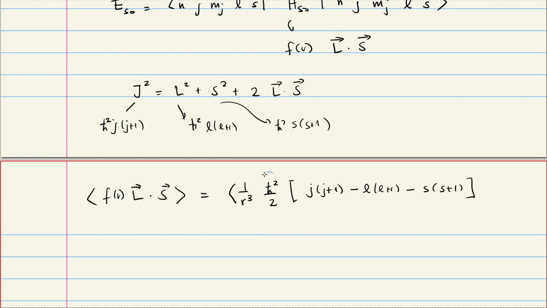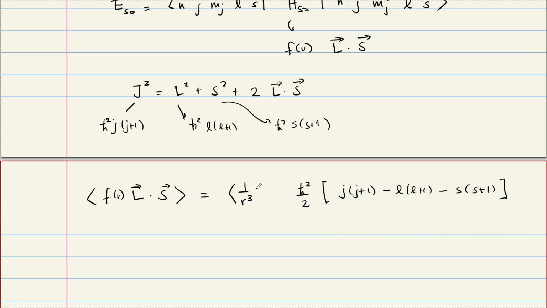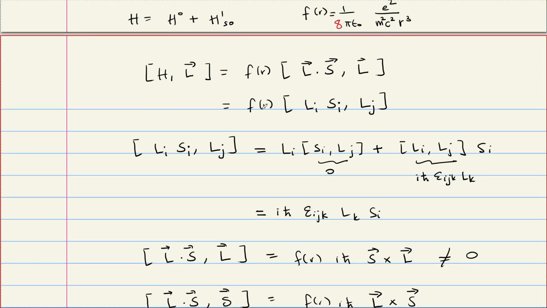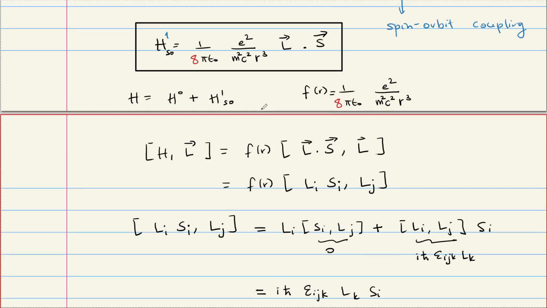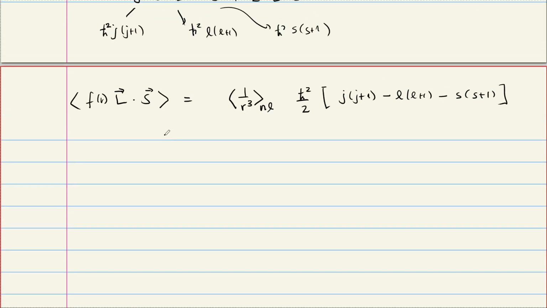And because 1 over r doesn't know about spin or orbit or anything, it is just a spherically symmetric object. It only knows about n and l, based on what we said in the first hour. And all the other factors, let me write them at the end. So this is proportional, and now our job is to find this 1 over r cubed.